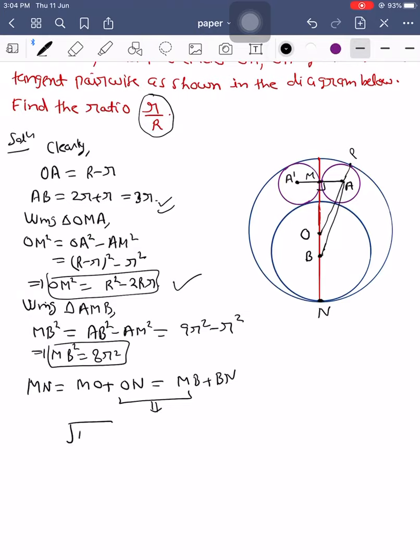MO is root under R square minus 2Rr, plus ON. ON is the radius of the bigger circle, that is capital R, and this equals MB plus BN. The length of MB is 2 root 2 r, plus BN. BN is small r.